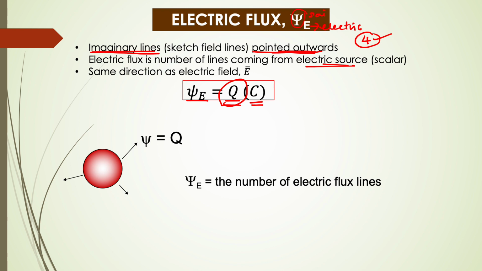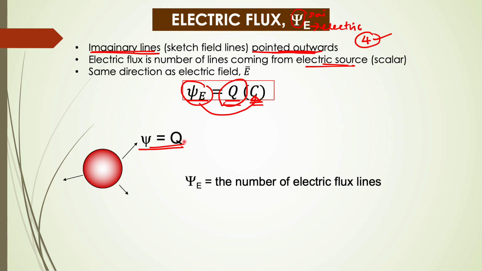Since it is equal to electric flux, our psi e also has the same unit as our charge. So psi e is equal to Q. Remember, psi e is equal to Q if it is a point electric source, so therefore Q is equal to Q.